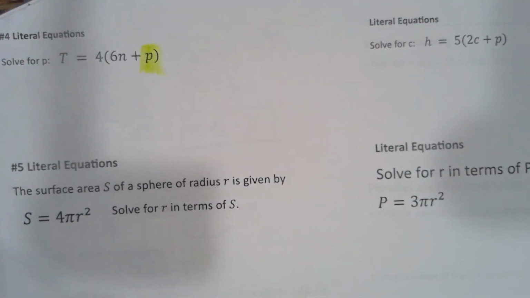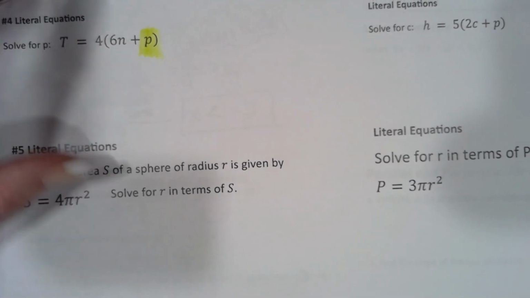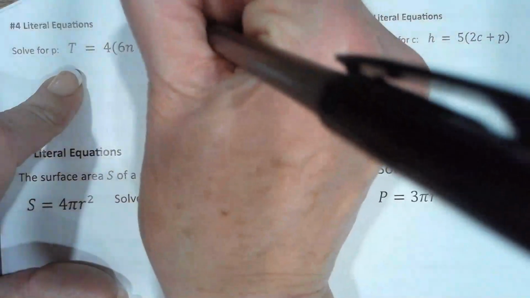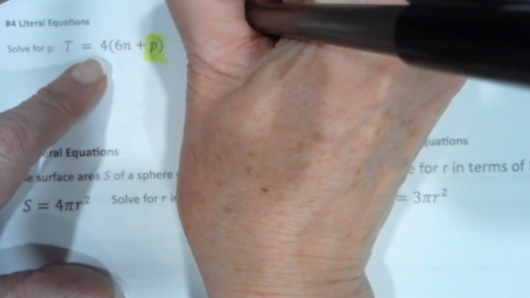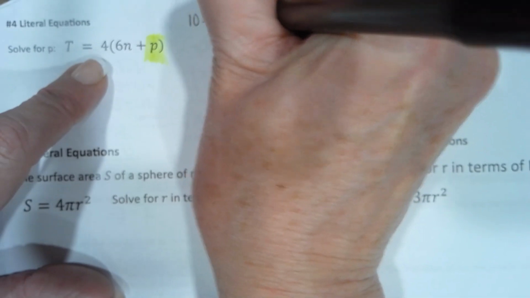Okay? What I'm going to do while I solve this is I am going to parallel this with an equation that you would probably know. So, let me just do an equation you might know: 10 equals 4 times 2 plus x.